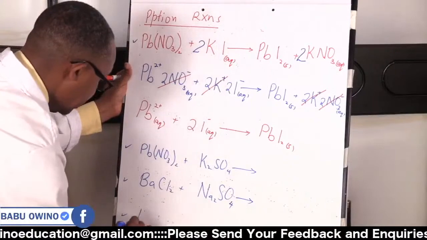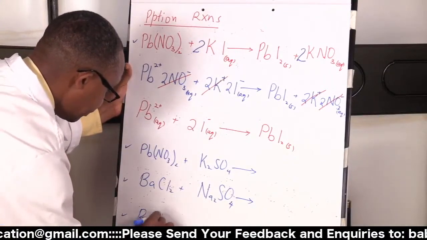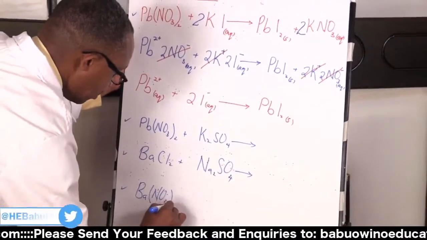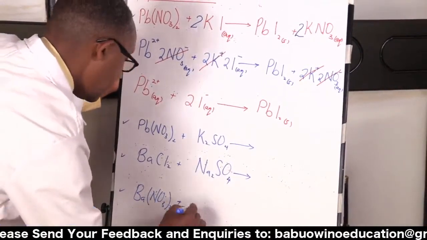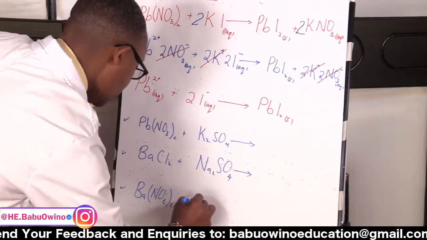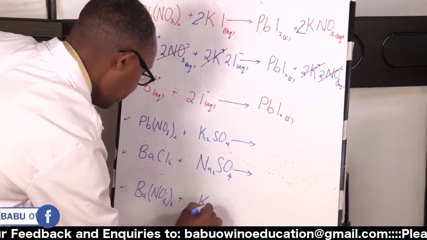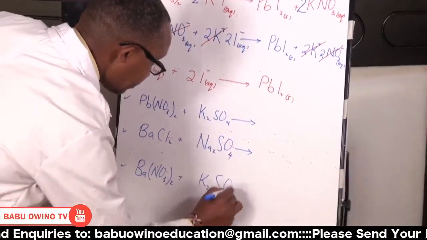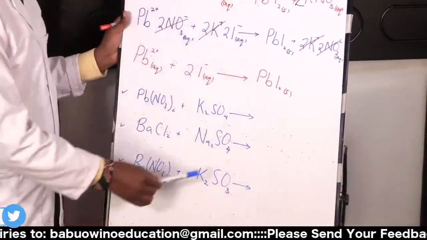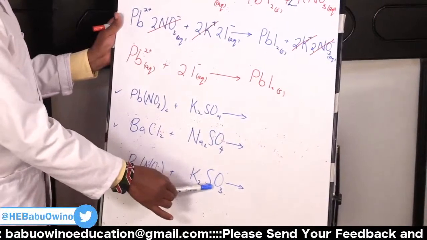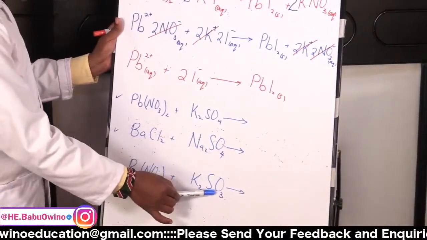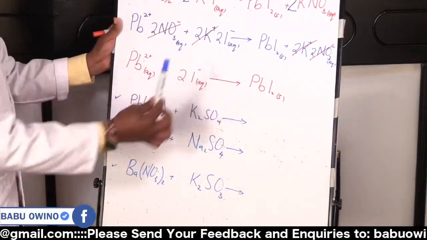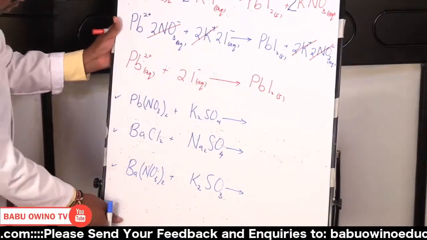You can take barium nitrate, combine it with potassium sulfite. Here the difference is sulfate, sulfite. Work out the product for that. These 3, you can get them like that.